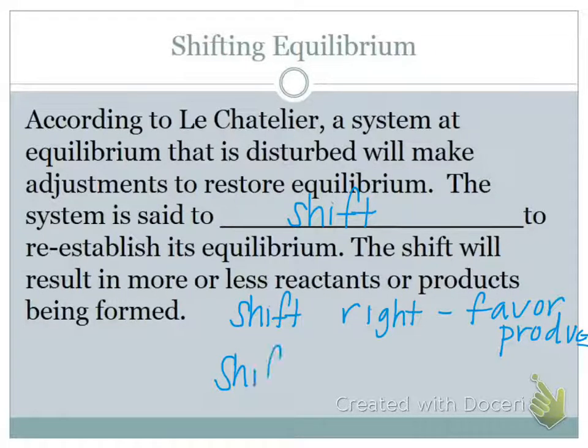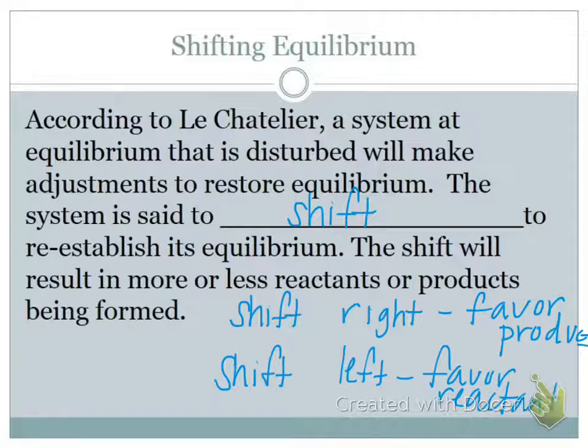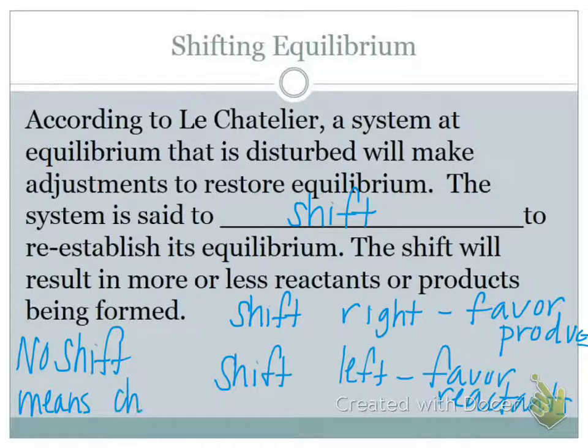If I shift left, that means I favor my reactants. Okay, and then no shift means no change. So equilibrium doesn't change. And there's a few cases where we have no shift. Okay, so let's talk about the things that will add stress to the system.